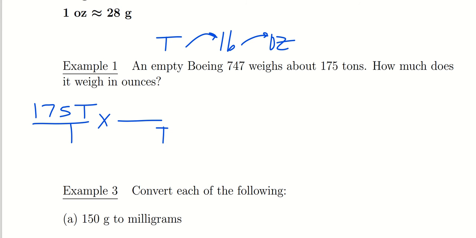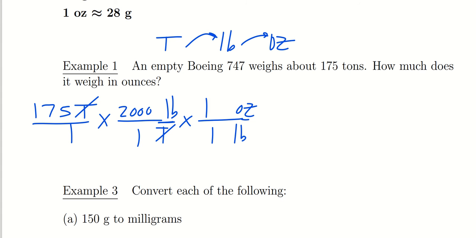To get rid of tons, tons is going to go on the bottom, and pounds are going to go on top. 1 ton is 2,000 pounds. Cancel, cancel. Right now we have pounds. To get rid of pounds, pounds goes on the bottom, ounces goes on top. 1 pound is 16 ounces. The pounds cancel, and now we're left to multiply.